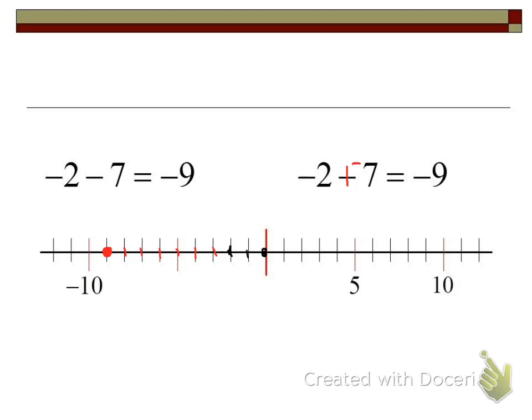Now I know in this case, you may be saying to yourself, but Mr. Swaner, there are two minus signs in this problem. I've got negative 2, and I've got negative 7. Well, yes, but the operation symbol is this one. This is the only one that we really care about. The symbol in front of the 2 is just telling us that the 2 is negative.